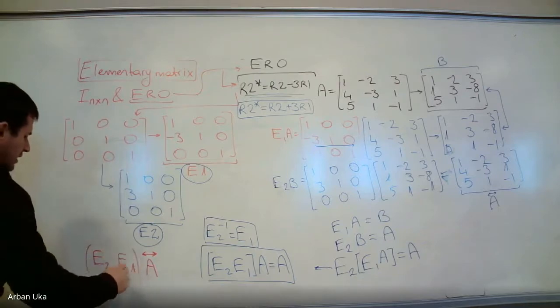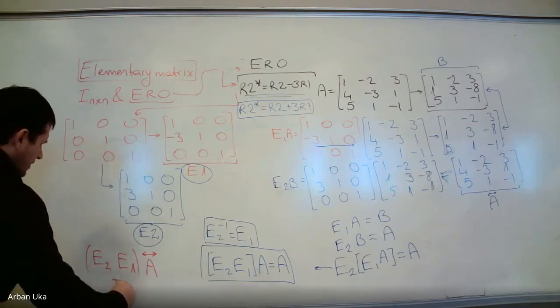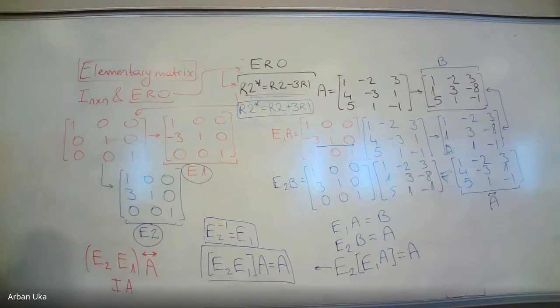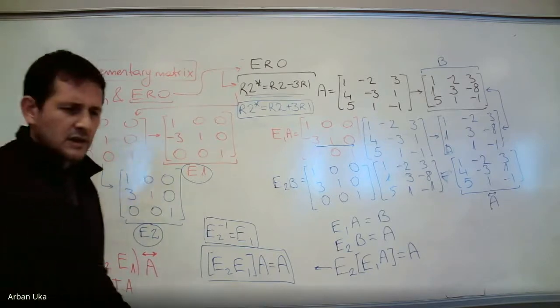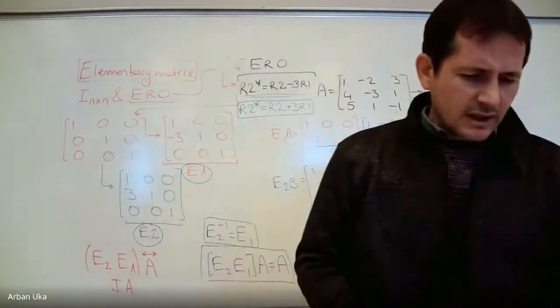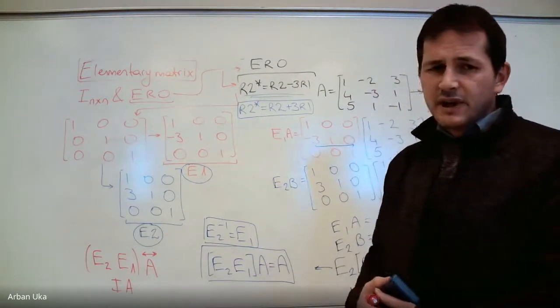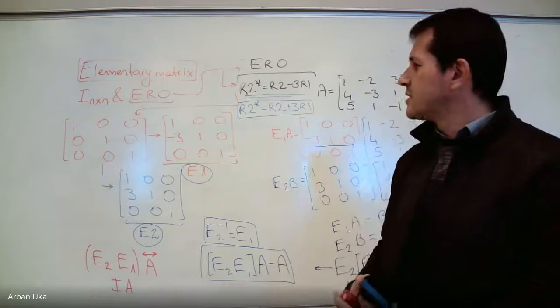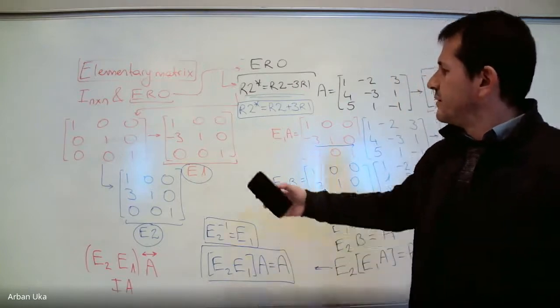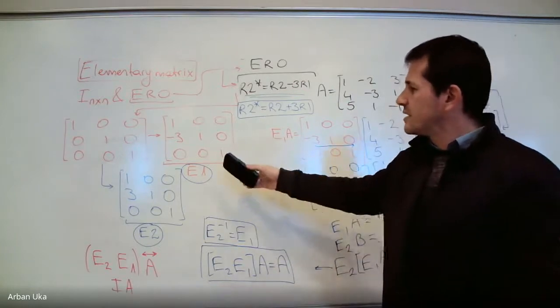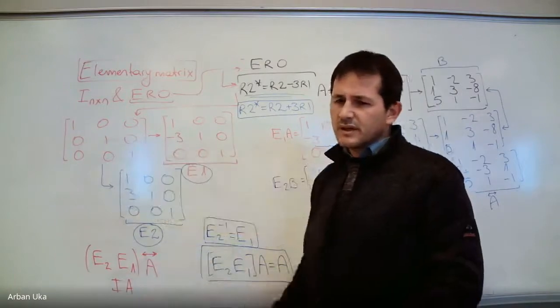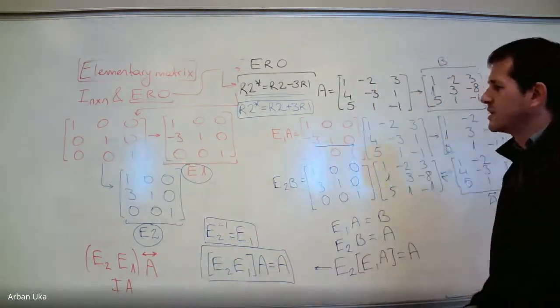So this is equal to identity matrix times A. So from here, it looks like we can define that these elementary row operations are expressions or matrices which we obtain from the identity matrix, and this is how we use them.